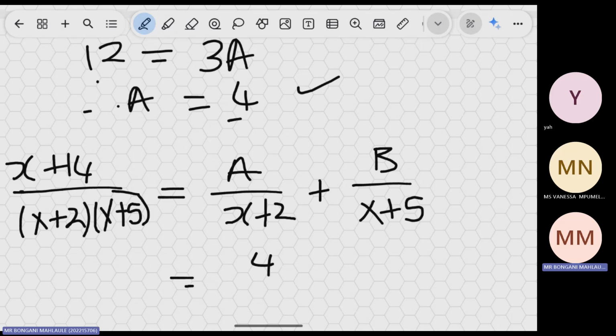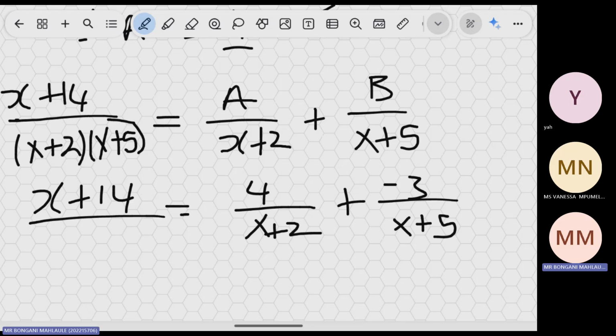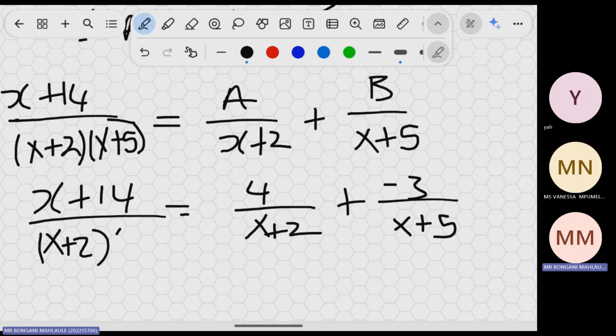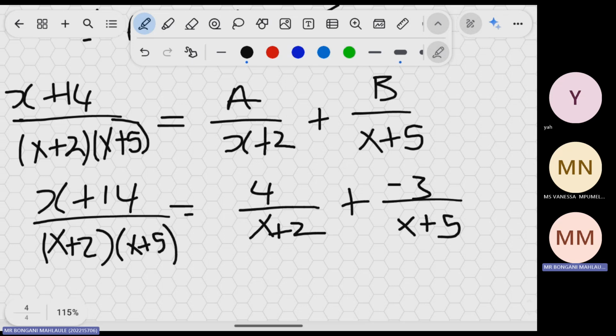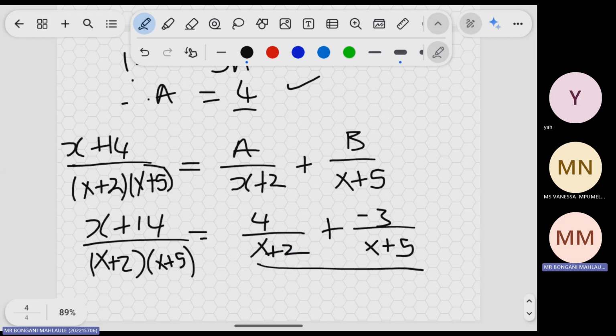My a is 4 over x plus 2 plus my b is -3 over x plus 5. So now you can integrate this part, the partial fraction.